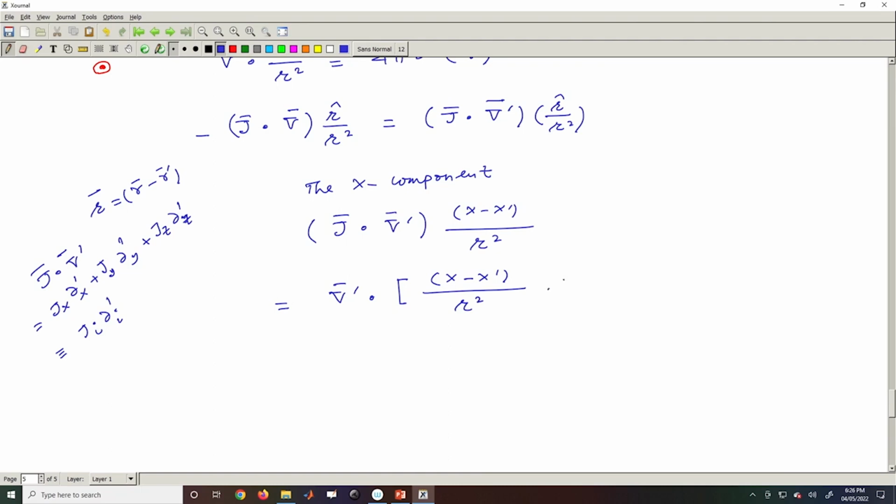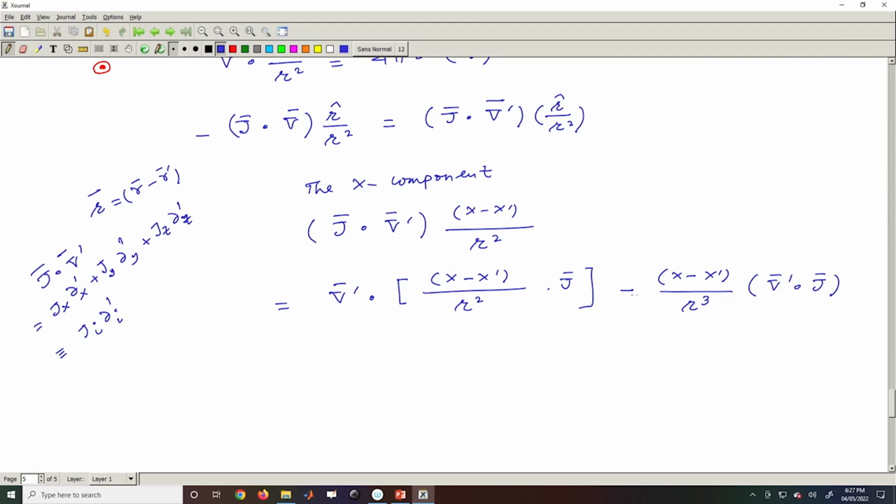I can split this into two parts, this one and this one will appear, the operator operating over the x component and then over j.